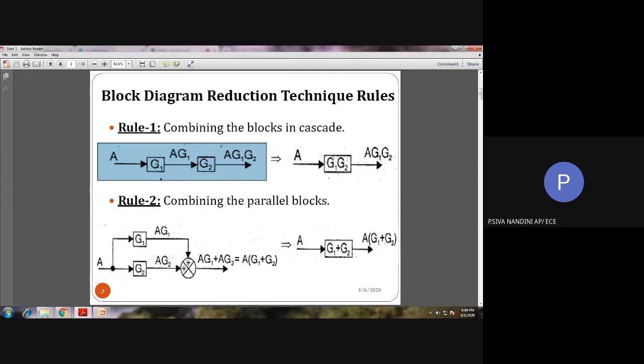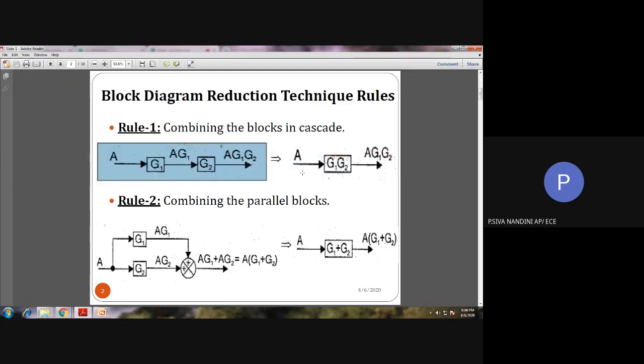Suppose you are having two blocks like this in series, then we can reduce the block diagram like this. That is, G1 and G2 can be represented in a single block and the input given to this block is A. The output obtained is A into G1 G2.